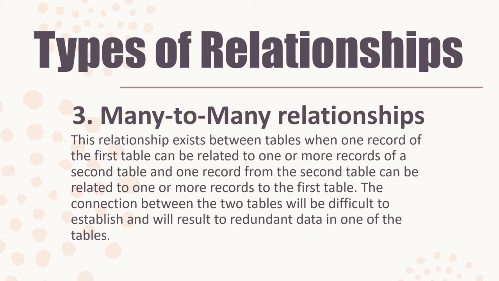Okay, many-to-many relationship. This exists between tables when one record of the first table can be related to one or more records of the second table and in vice versa. Ibig sabihin, maraming data daw sa first table ay related or connected sa data ng second table. At ang second table daw ay maraming data na related or connected sa ating first table.